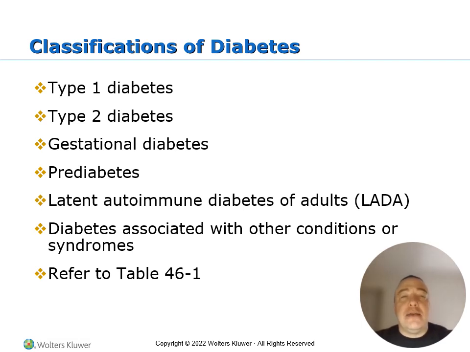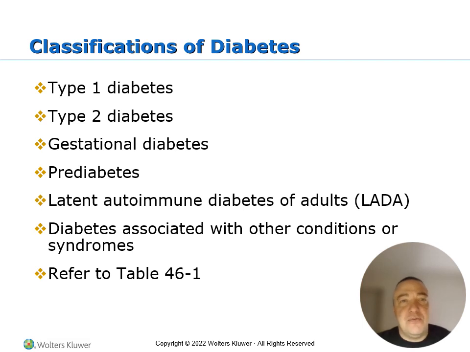Okay, so this LADA, late autoimmune diabetes of adults, is also your diabetes type 1.5. This is your late onset type 1 diabetes. In other words, you were autoimmune from childhood, but the rate that your body was destroying the beta cells was very slow.